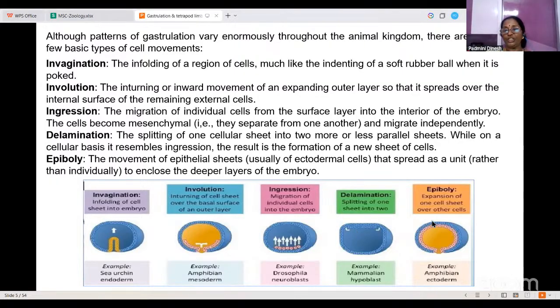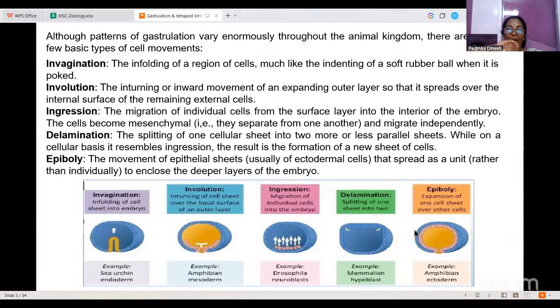Epiboly is extension of the outer layer over there. So for example, when involution occurs over here, the expansion of these ectodermal cells goes around the embryo, and then they come near the blastopore and close it over there. So that is called epiboly.